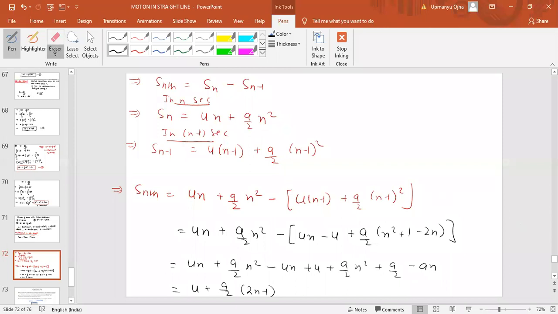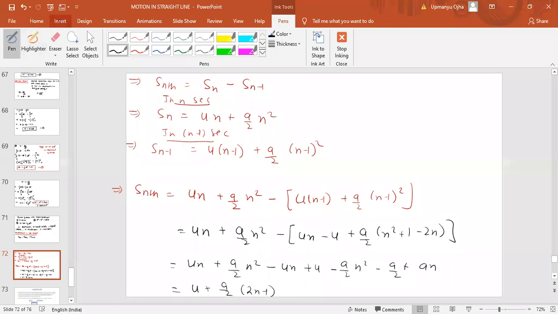Wait, this would be minus. If you open this bracket, u minus un plus u, minus a by 2, plus an. So un cancels out, a by 2 n square cancels out. After rearranging, we are getting Sn equal to u plus a by 2 (2n minus 1).